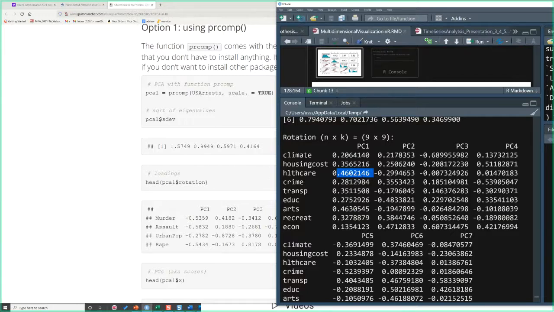The PC2 is not urban. Remember, it's not valued at all. In fact, probably it's one of the lowest valued for healthcare, and also low valued for education and arts. But they value recreation and economy. In fact, economy is the highest value.